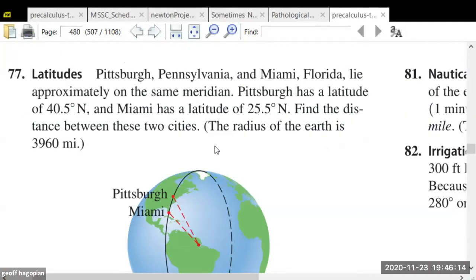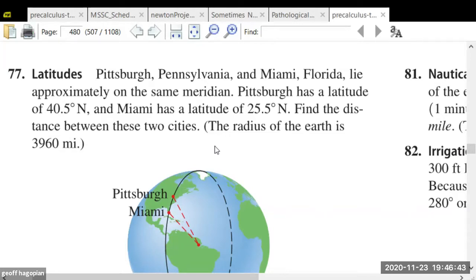Pittsburgh and Miami lie on approximately the same meridian line, right? That's a circle around the Earth intersecting the North and the South poles, right? Pittsburgh has a latitude, so that's the degree measure from the equator to your position.